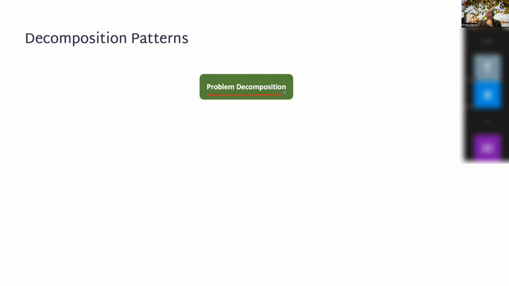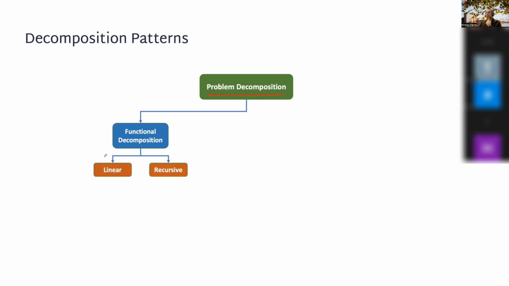So let's see what these patterns are. As I mentioned, we have a functional decomposition, and this can be divided into linear decomposition and recursive decomposition. In the linear decomposition, you have task parallelism, and in the recursive decomposition you have divide and conquer parallelism, which we don't talk about in this lecture, but we talk a little bit about task parallelism.